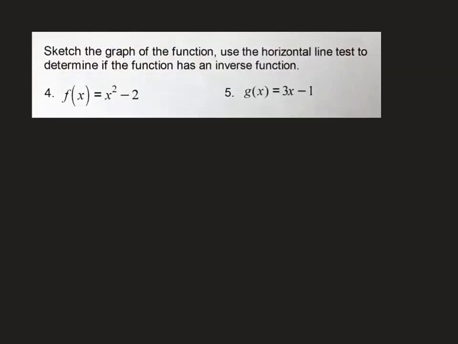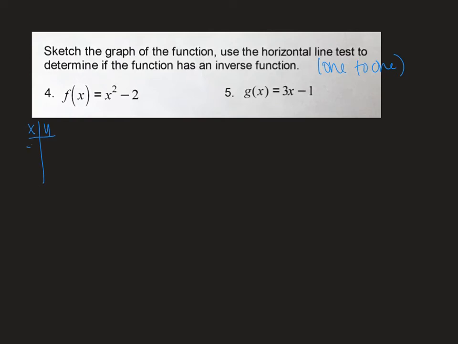So in 4 and 5, we're going to sketch the graphs of each function and then do a horizontal line test to determine if it's going to have an inverse function or if it's 1-to-1. You can make a table if you want, or you can just sketch based off of what you know about those types of graphs.